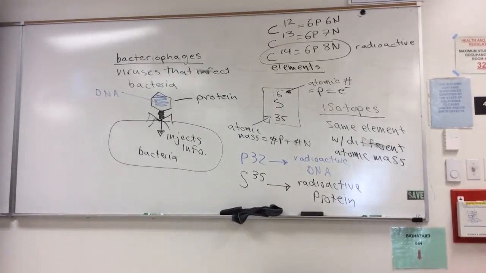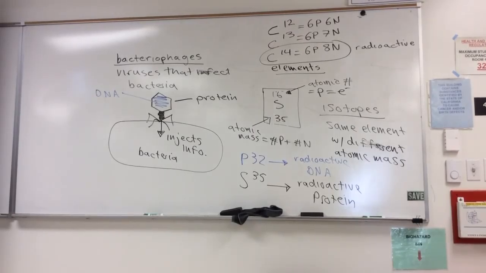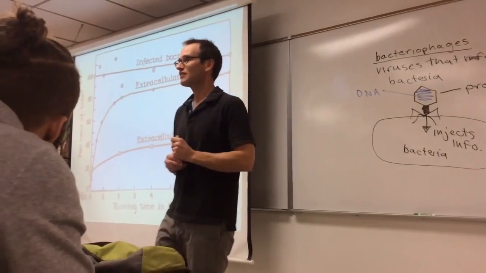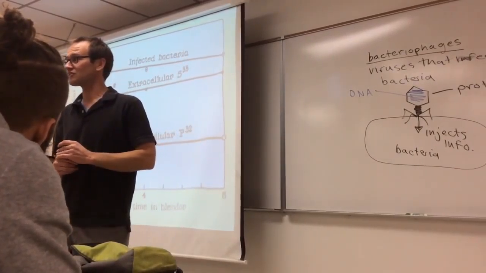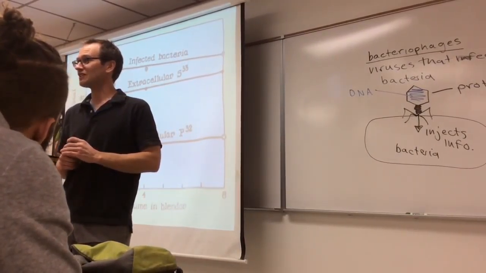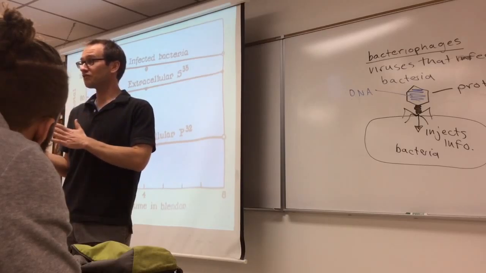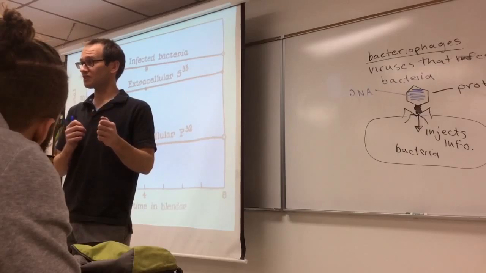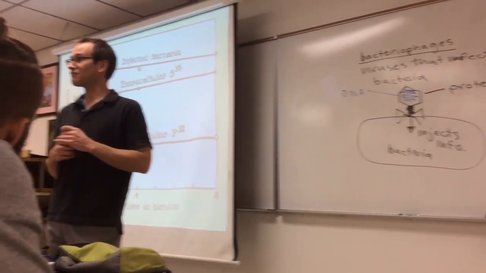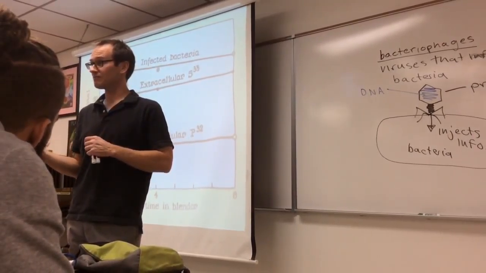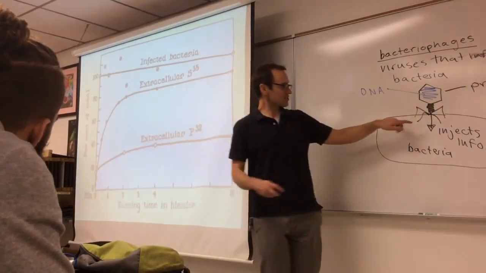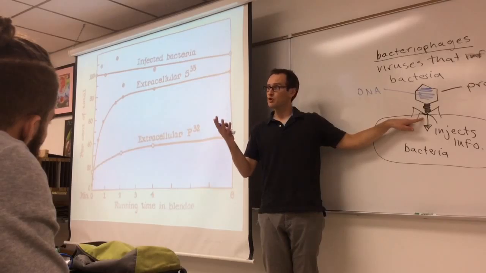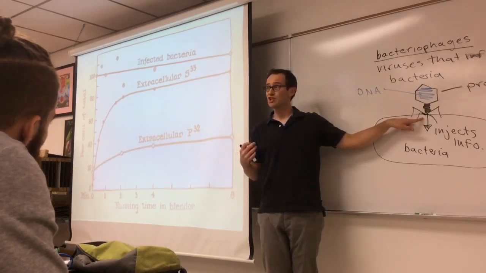So what they do in this experiment is they take bacteriophages that are radioactively labeled with sulfur or radioactively labeled with phosphorus. They let them infect bacteria, and when they dock on there, you can remove them by vigorous shaking.